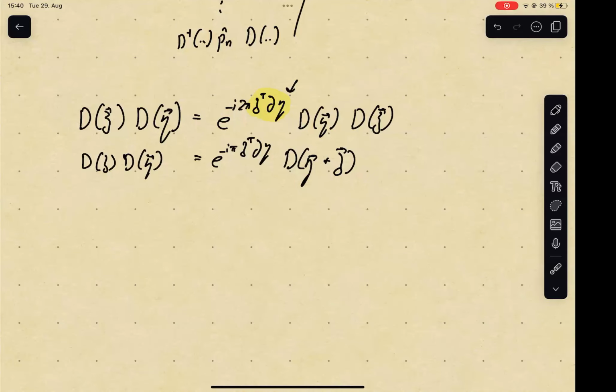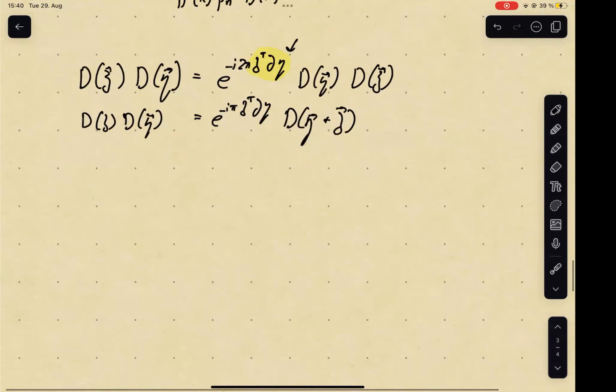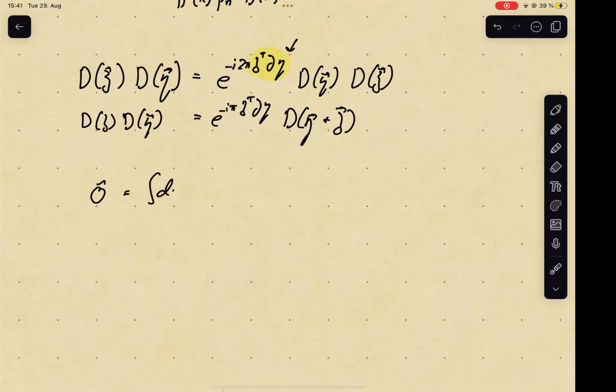But before we get there, another basic thing about displacement operators: they form a complete basis. What this means is that you can take any trace class operator, an operator for which the trace is well defined, and you can always write it, in this convention that I've used, as an integral over displacement operators, over the 2n-dimensional phase space, D sub d eta.